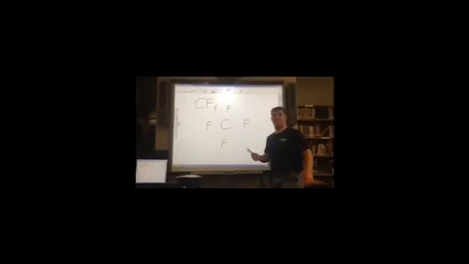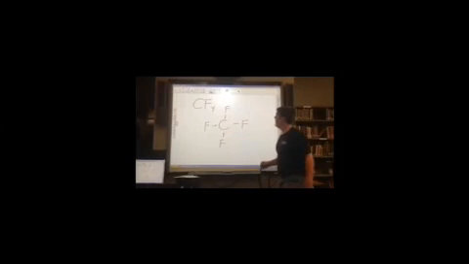Now, fluorine, with the 4 atoms, has 7 valence shell electrons. And what we're going to do, the first thing, is we're going to link these together.